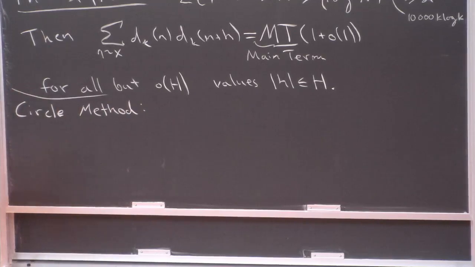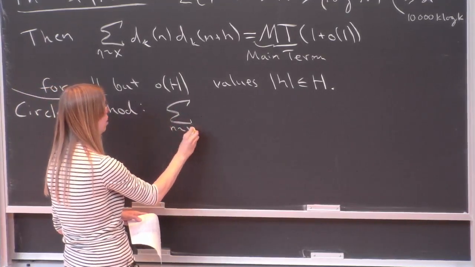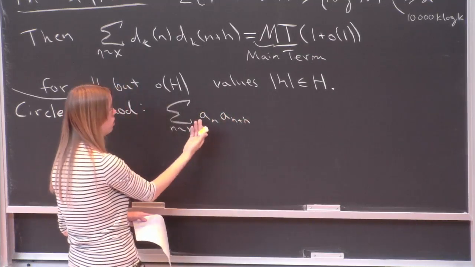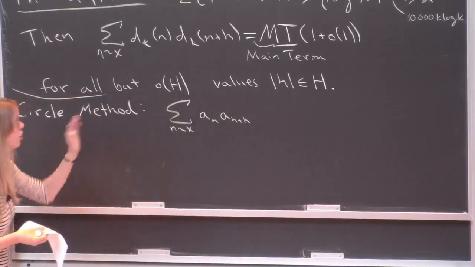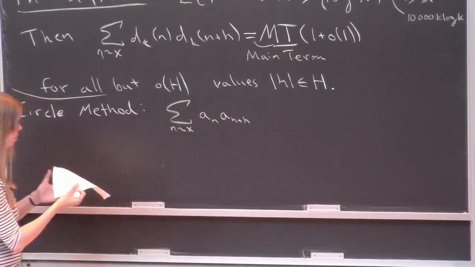Okay, so what we want to do in both cases is study something like a_n a_{n+h}, and in our case, this is either the von Mangoldt function or the divisor function, but for now it doesn't matter what we are studying, we are studying the correlation of something.